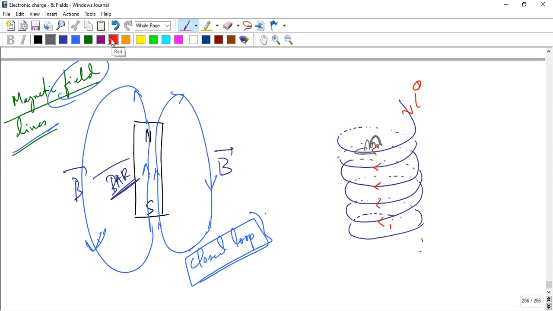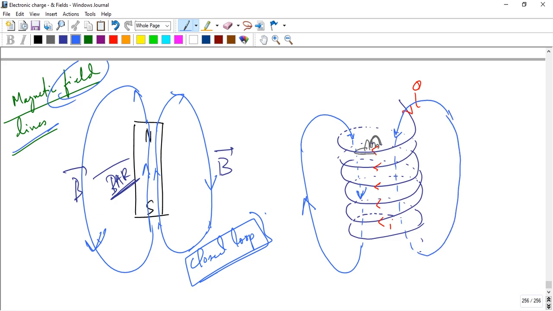Now this field is inside. The drawing is not good actually.